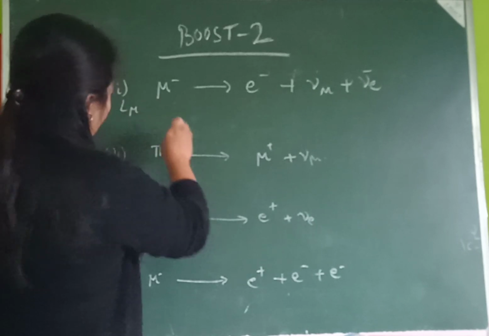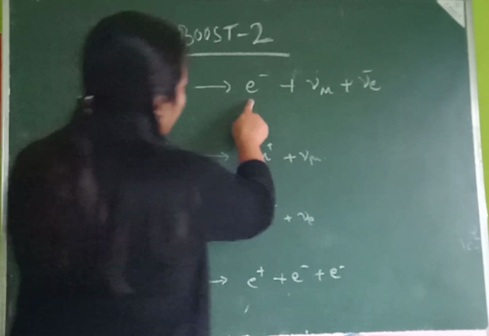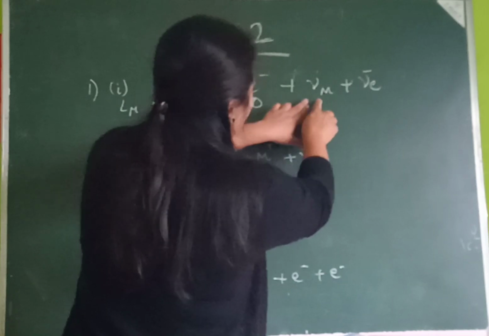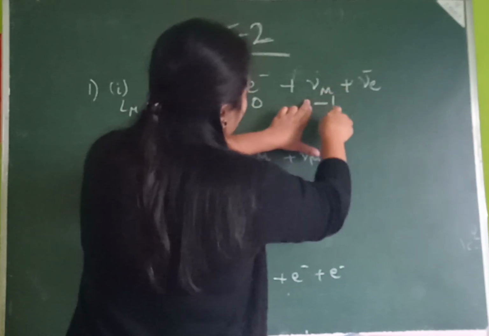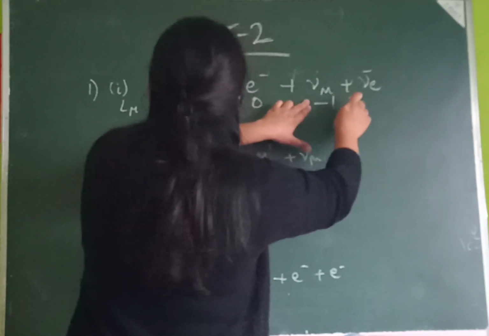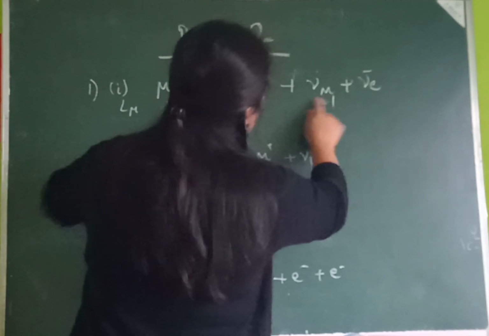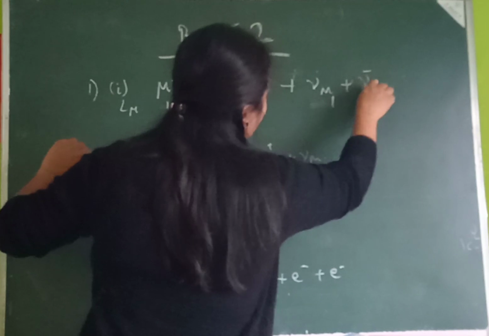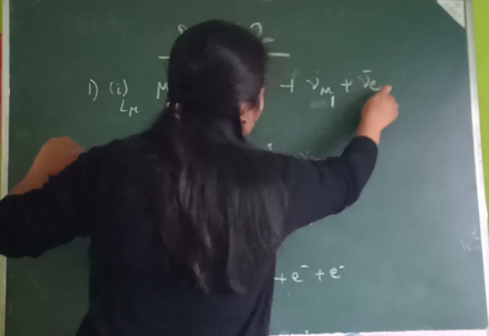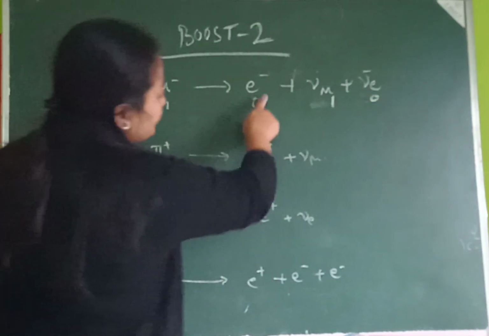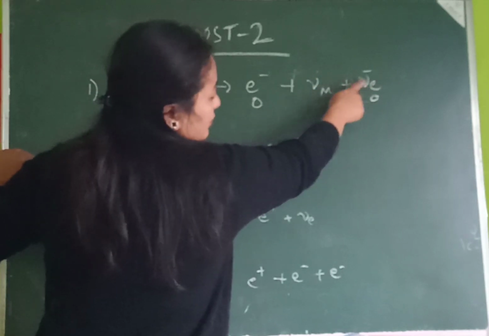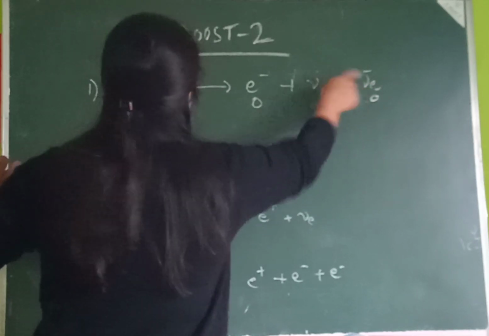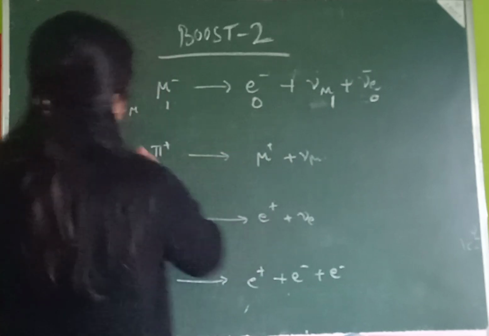So for mu minus, it is 1, e minus it is 0, this is minus 1, right? This is plus 1 and this is nu e bar, which is 0, because these are electrons and neutrino related to electrons, so for the electron anti-neutrino my L mu is going to be 0 over there.